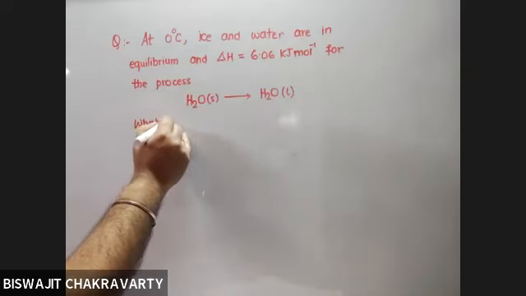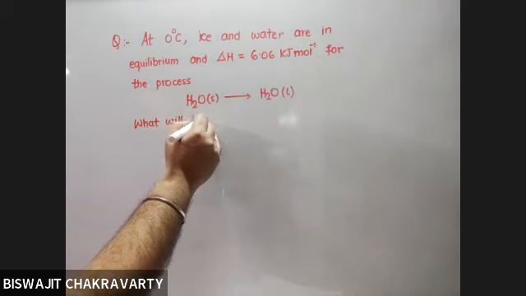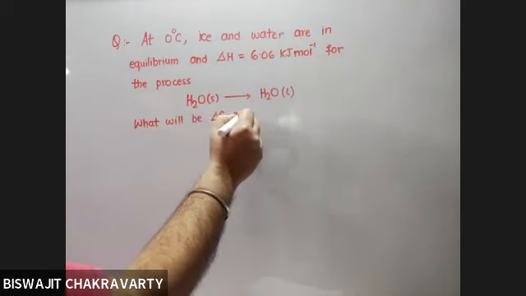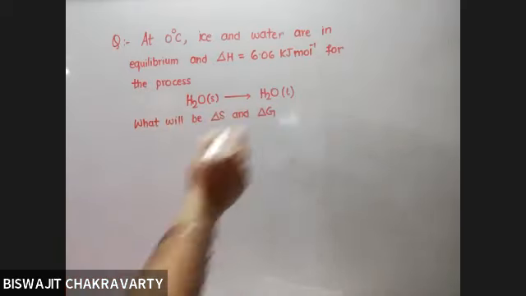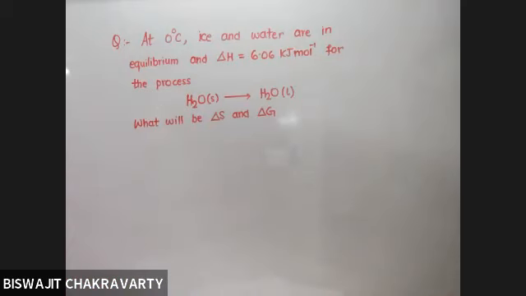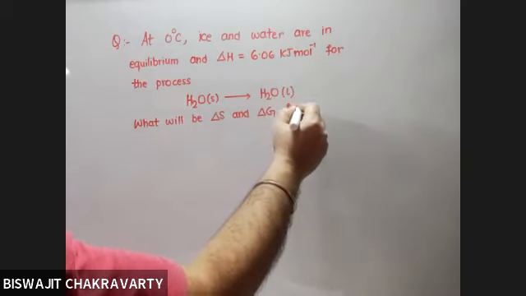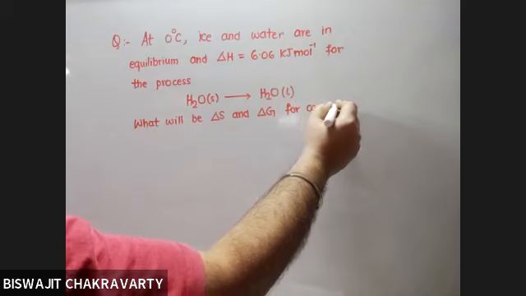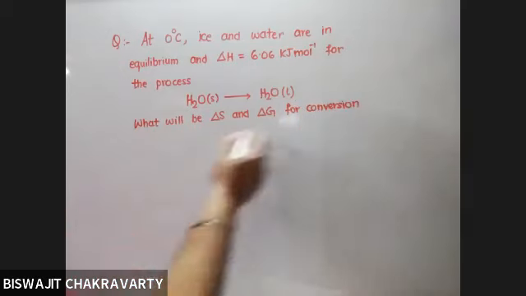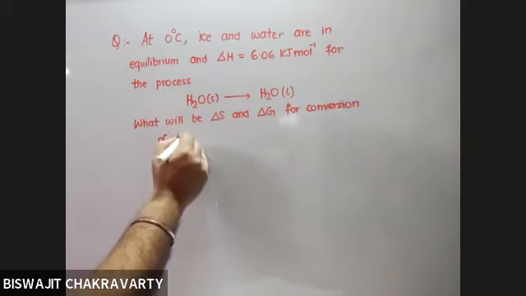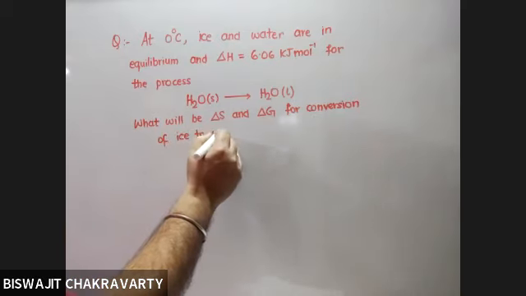What will be delta S and delta G for conversion of ice to water?